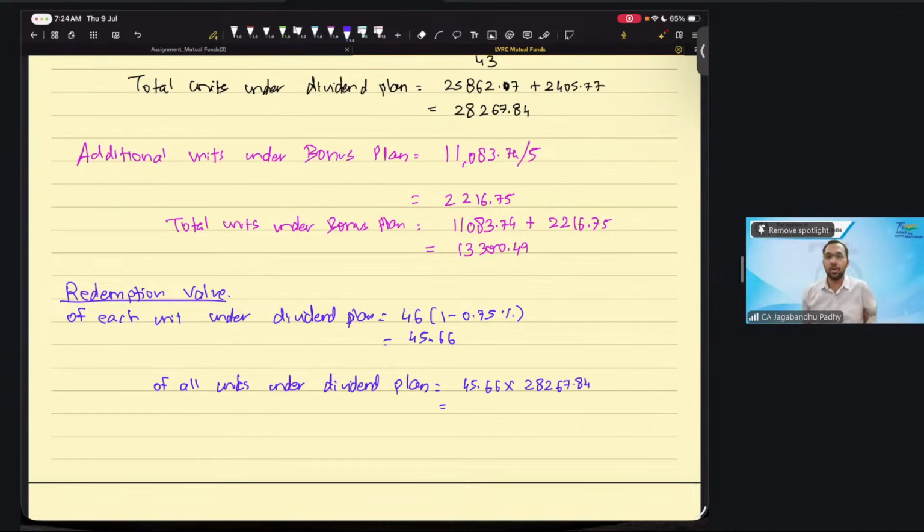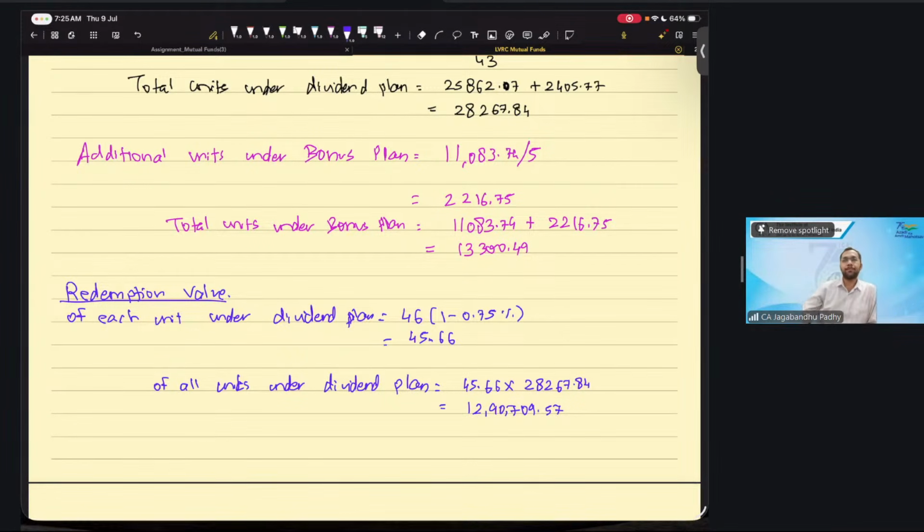So what's the total redemption value? 45.66 into 28,267.84 is 12,90,709.57. Or you can say 710.